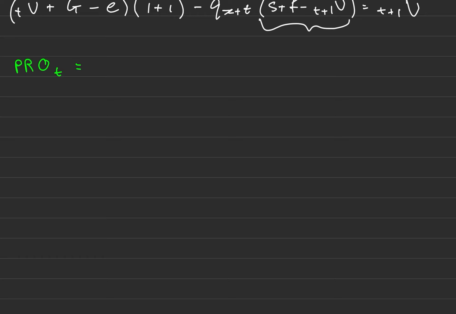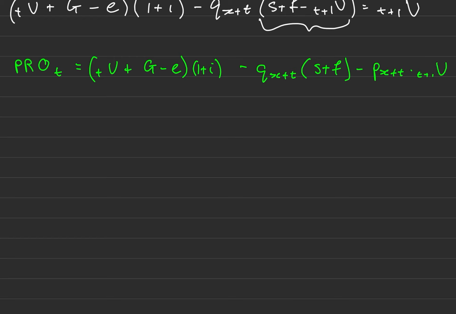So if any of these bases differ, then I can end up with some type of profit. Okay, and this profit will equal to (tV plus G minus E) times (1 plus i), and then minus qx plus t into (S plus F), and then minus here px plus t times t plus 1V.